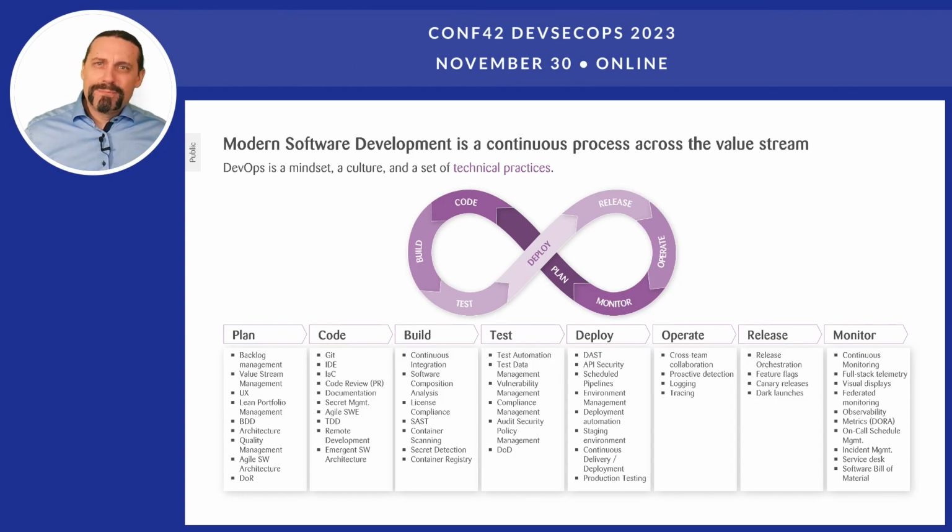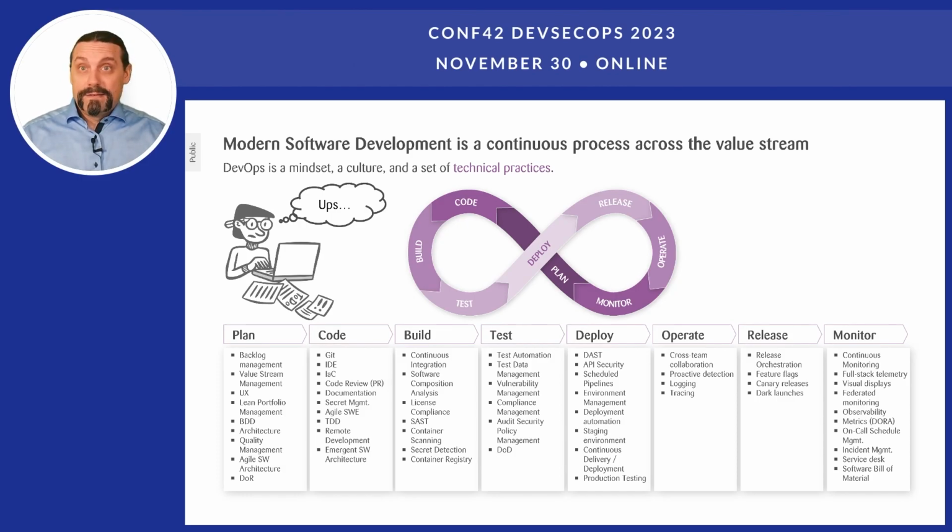And you remember that I said DevOps is a mindset and a culture and a set of technical practices. And these are the technical practices which we need to apply in order to continuously deliver value and in order to architect for continuous delivery. And yes, this is quite a lot which we need to do.